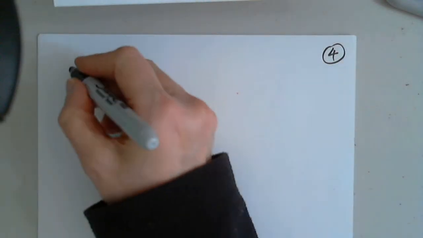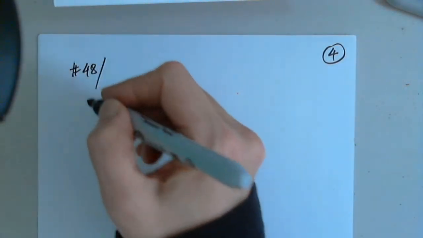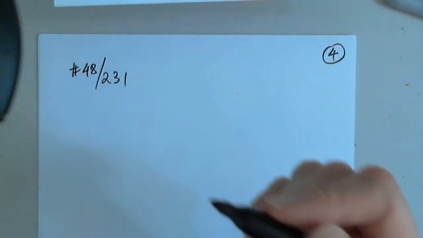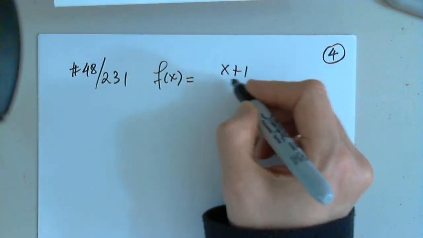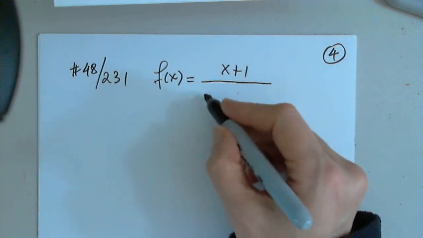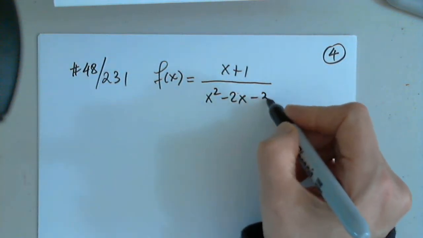Okay, so let me start with one, and then you will choose the next one. Okay. I'm choosing 48, and you'll see why, on page 231. So this is f of x equals x plus 1 divided by x squared minus 2x minus 3.